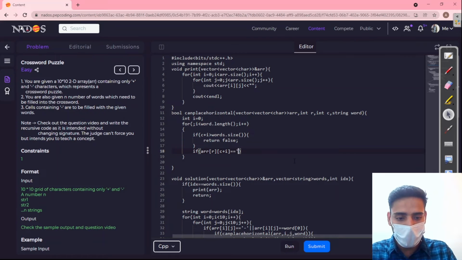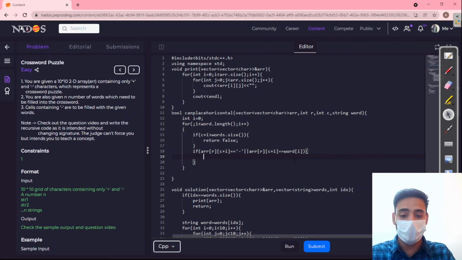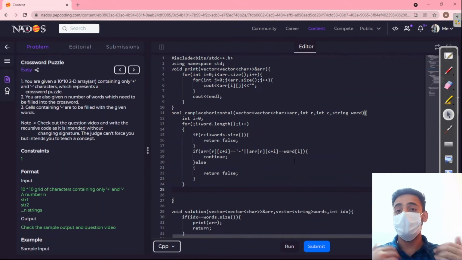That should be either equal to minus, or the second condition was ARR of R, C plus I should be equal to the word of I. Did you get that? This is the condition which we will keep checking till the last. Else, if this is not the case, we will return false. It means this is not suitable for us.